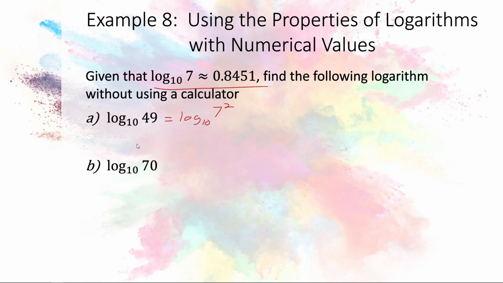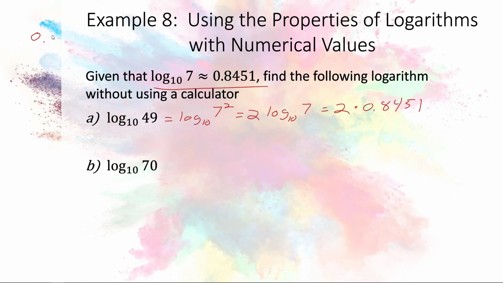I could have also rewritten this as log base 10 of 7 times 7. It doesn't really particularly matter. And then this is going to be equal to, using our power rule, or power property, 2 times the log base 10 of 7, which will be equal to 2 times 0.8451.